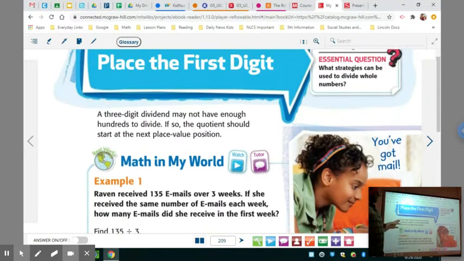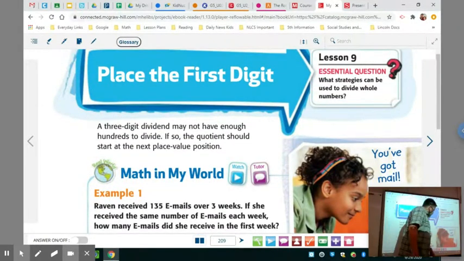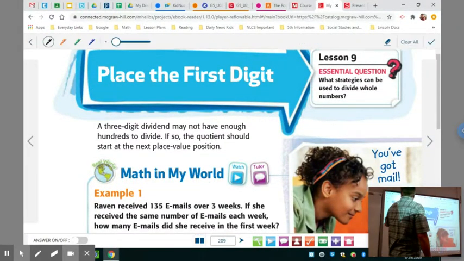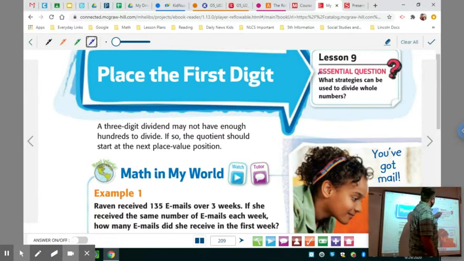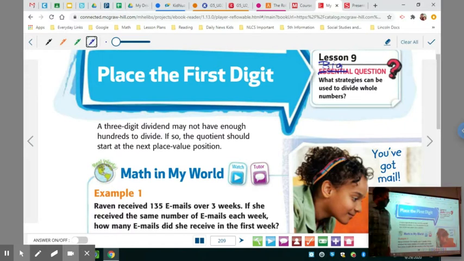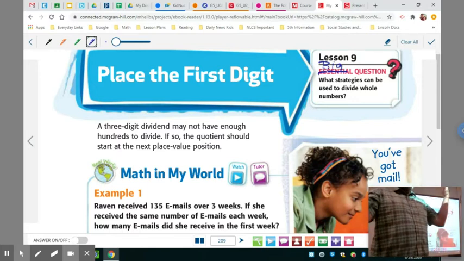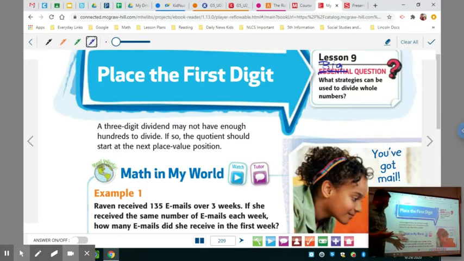Remember I told you earlier the essential question? Sometimes this could be substituted with an amplified version, which we call the big question. What strategies can be used to divide whole numbers? This is like the fourth time we've seen this big question, of how many different ways we can divide. You've done the distributive property, which we all said was easy.